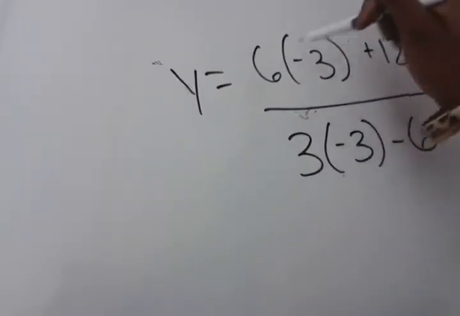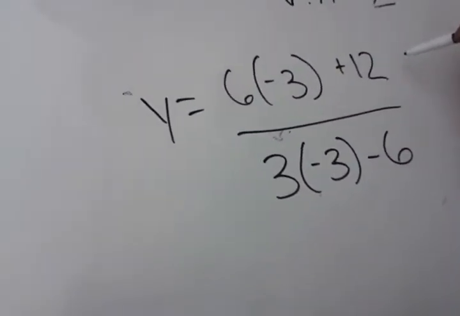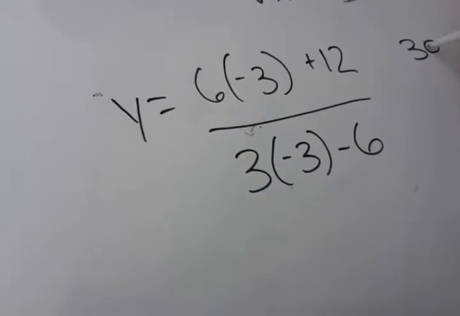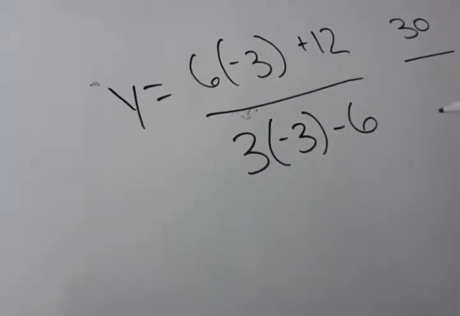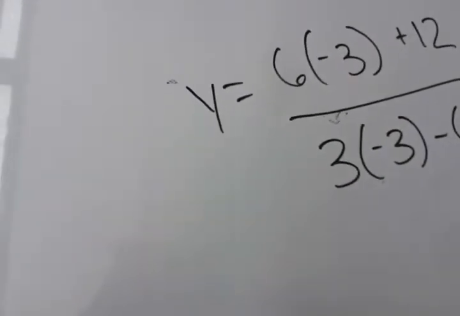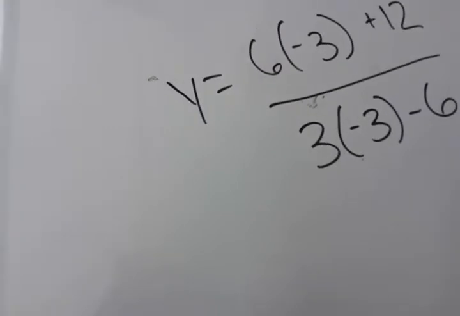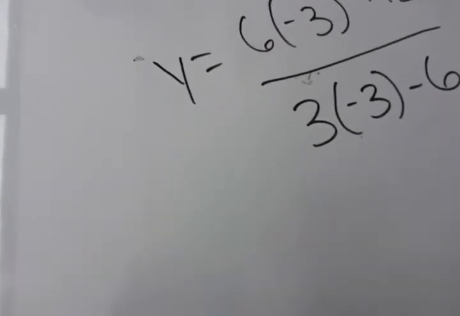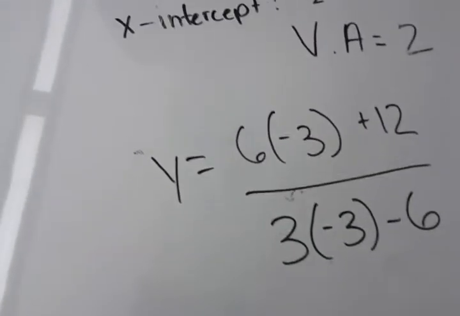So 6 times negative 3 is negative 18, plus 12 is negative 6. And then on the bottom, we'd have 3 times negative 3 is negative 9, minus 6 is negative 15. And that would give us an answer of 2 over 5.